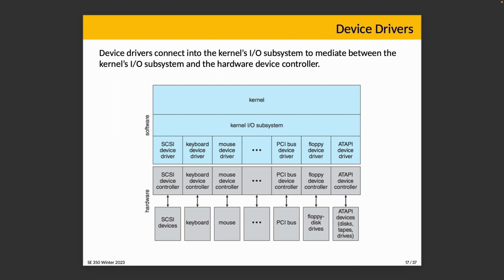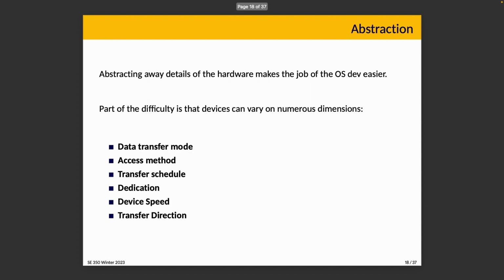Sounds good. So abstracting away the details of the hardware does make the job of the operating system developer easier, right? Because it does give us a standard interface. It does give us something to work with, and we don't have to have a whole bunch of common code that is repeated everywhere just to account for tiny differences in the various devices. So, okay.